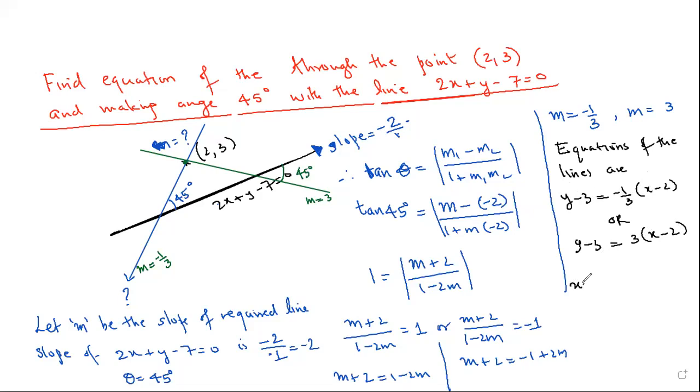One answer would be x plus 3y minus 11 equal to 0, and another answer would be 3x minus y minus 3 equal to 0. This is your final answer. Very important question for 4 marks.